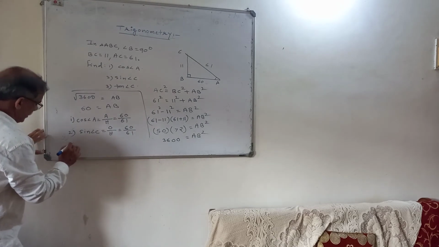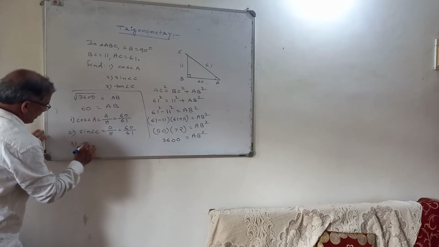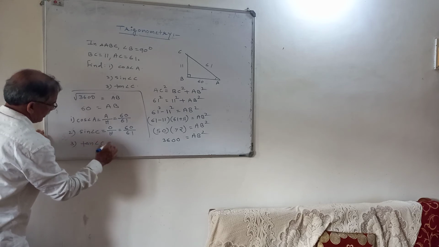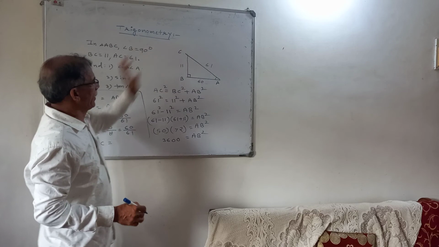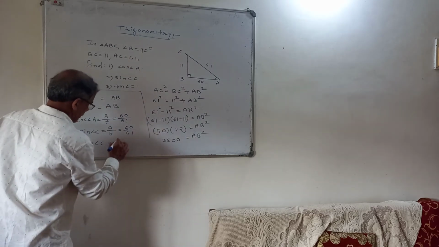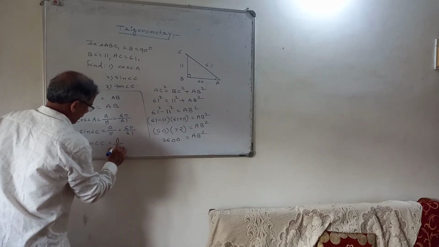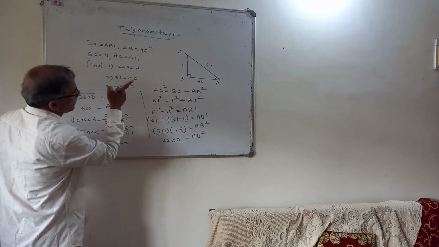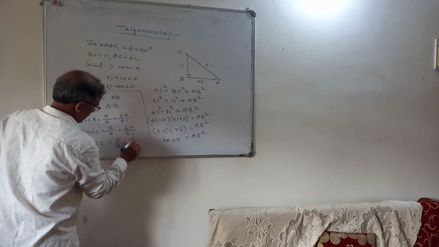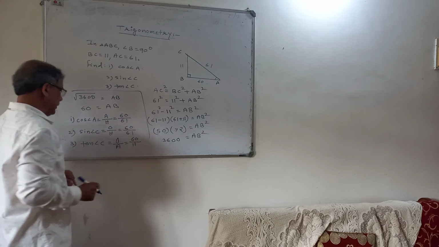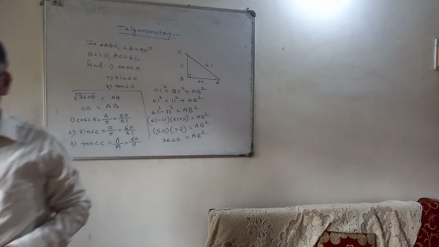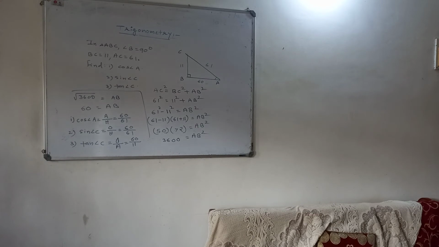Third one remaining is tan of angle C. Tan is opposite side upon adjacent side, O by A. Which is opposite for C? 60 upon the adjacent side. So this is how trigonometric ratios are determined.